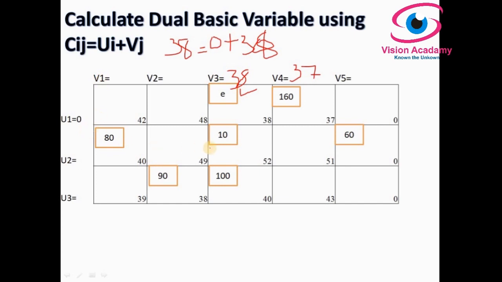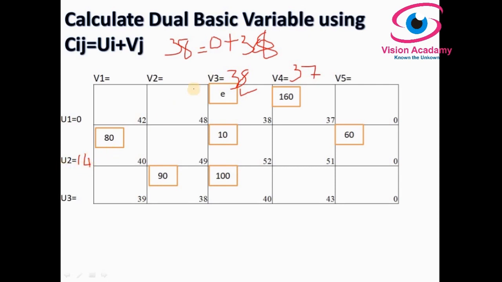Let's find some other cells. Now look at here, we have v3 value, and now you can find u2 value for this. v3 is 38 and cij is 52. So it means the cij must be equal to ui plus vj, means 52 must be equal to 38 plus something. So 38 plus something means it must be 14.